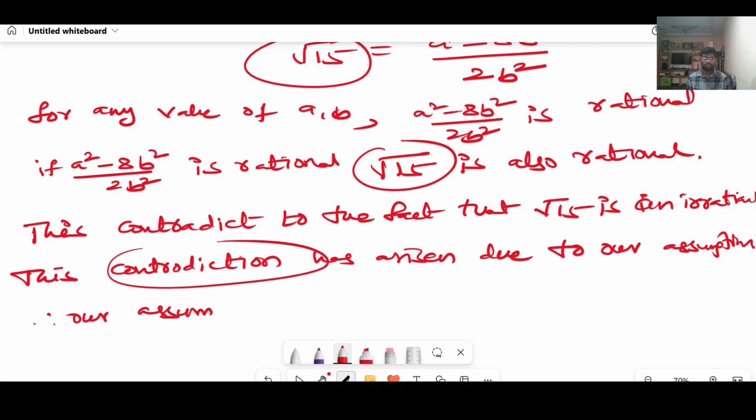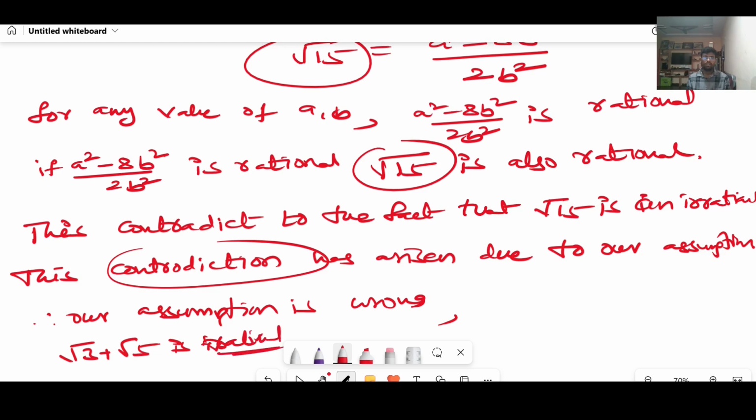Therefore our assumption is wrong. Then what is right? Root 3 plus root 5 is an irrational number.